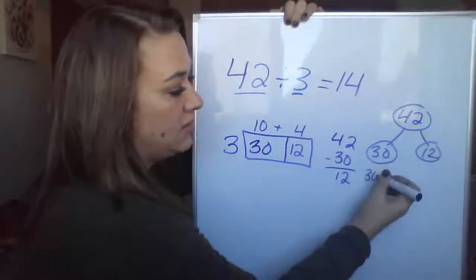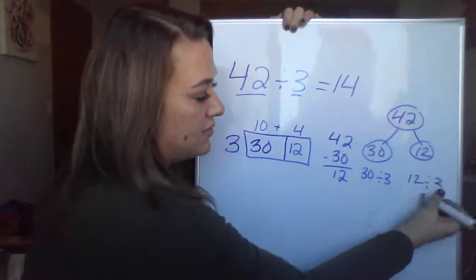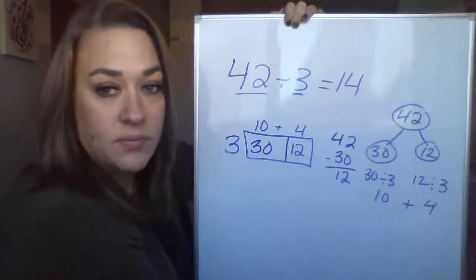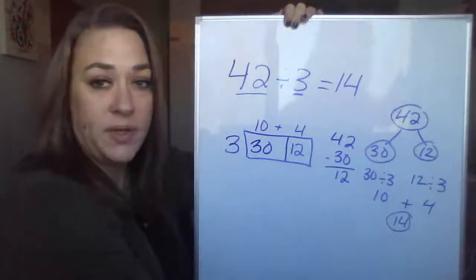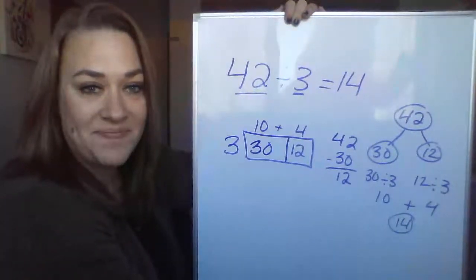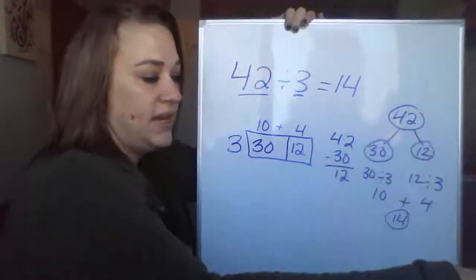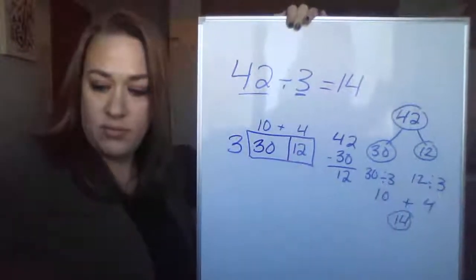So 30 divided by 3, 12 divided by 3, that gave us 10 and 4. And that is 14, which is what our final answer was. Okay. So area model and then we can show that in a number bond as well. Okay, let's do one more.